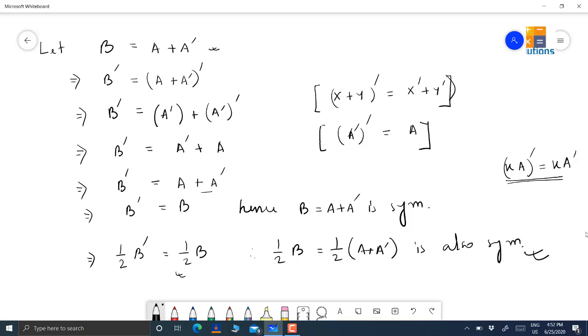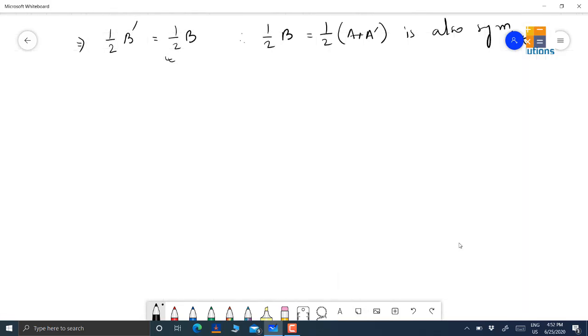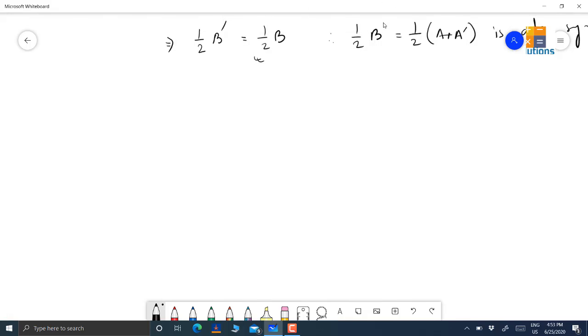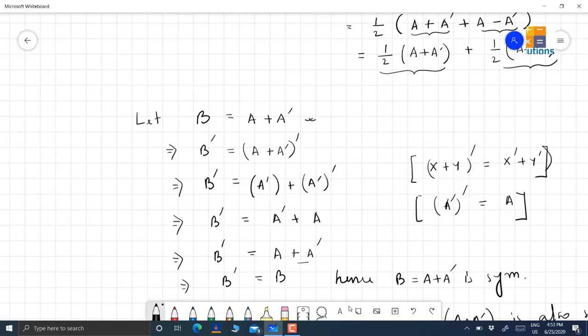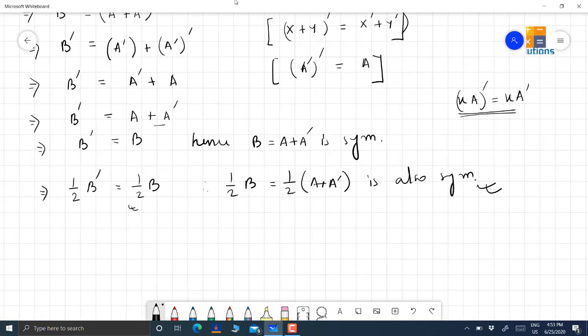Now coming to the later part, the second part: in this expression 1 we got two parts. The first part has already been shown to be symmetric. The second part is yet to be shown as skew symmetric.